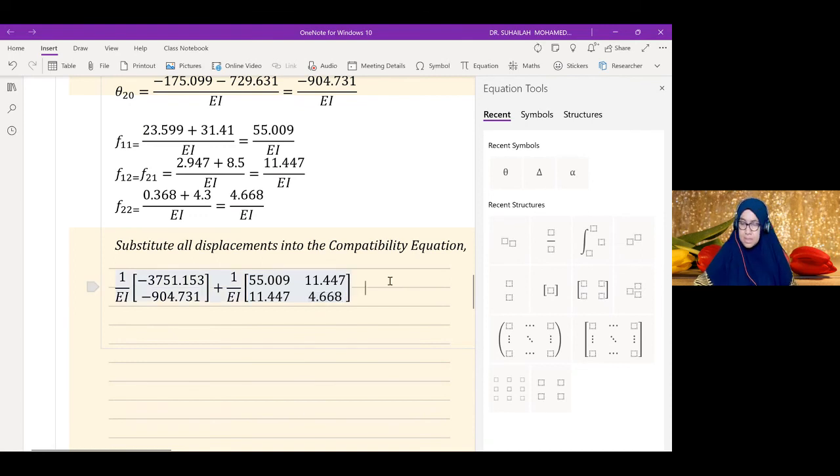And this equals to 0 when there is no effect of settlement.